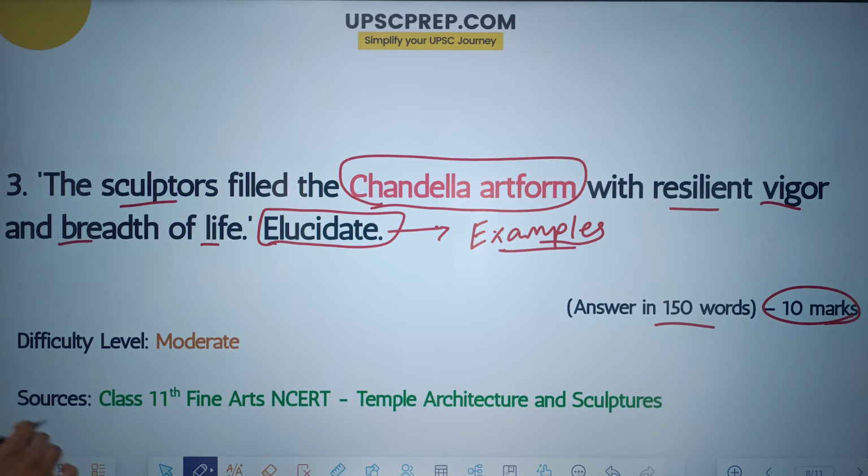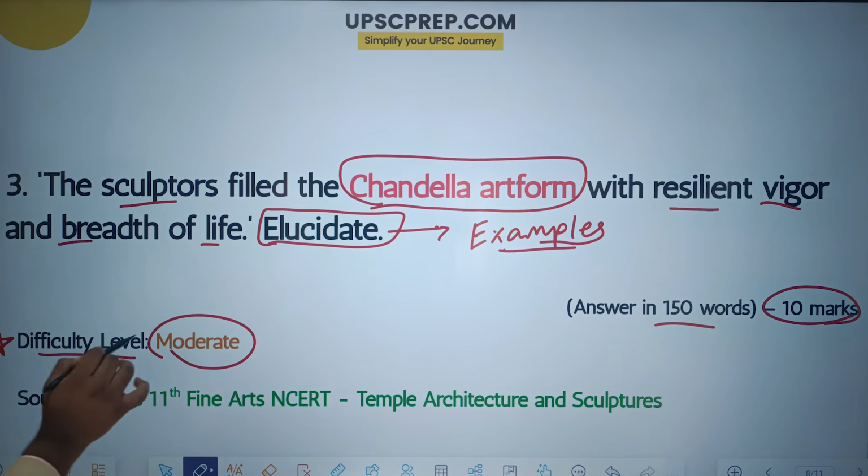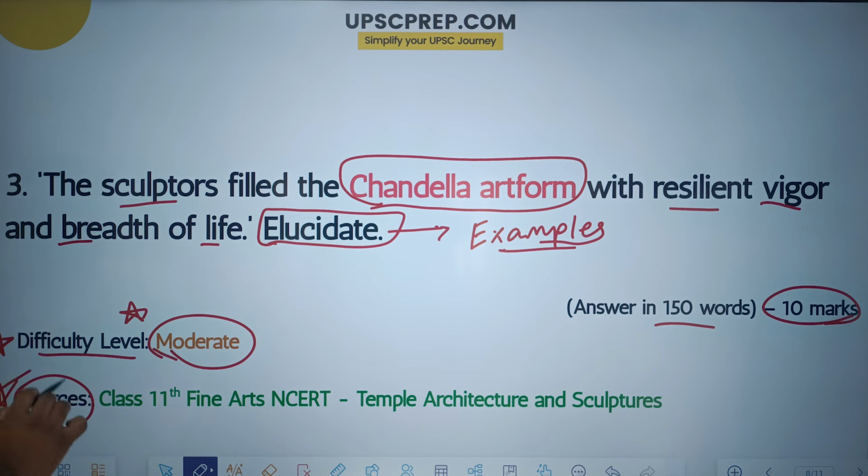Now, I would categorize this difficulty level as moderate. Okay, many will argue that this was a difficult question, right? But why isn't it a difficult question? Because of the source itself, see the source from where it has been asked.